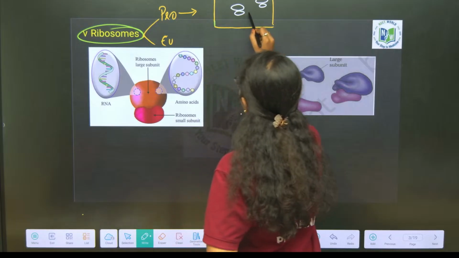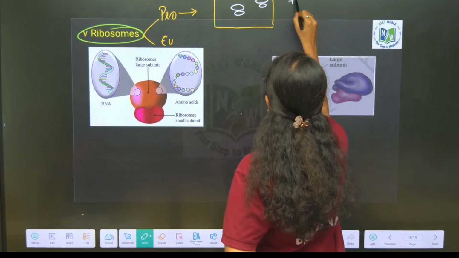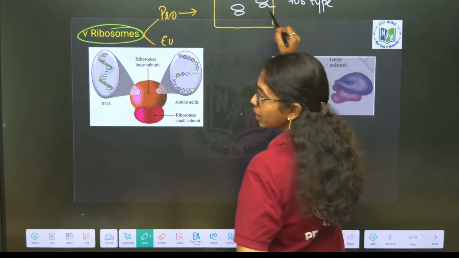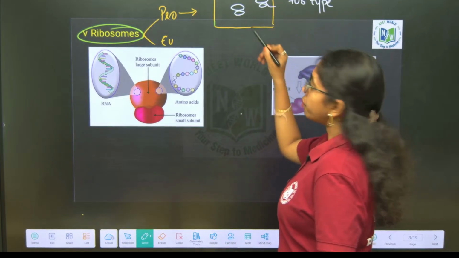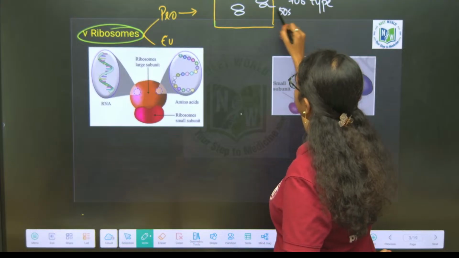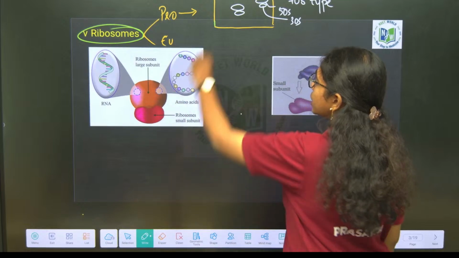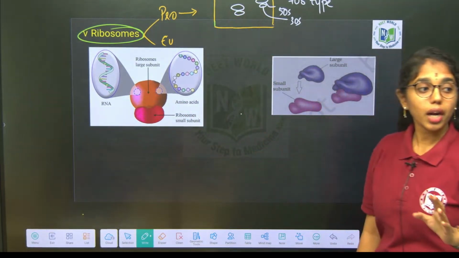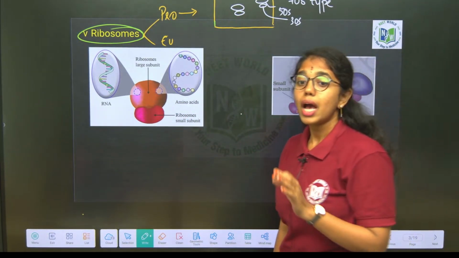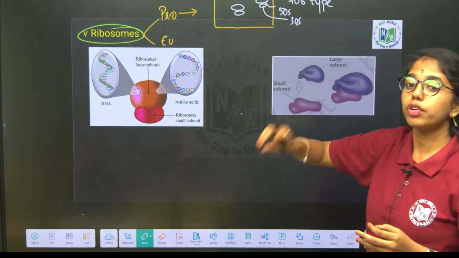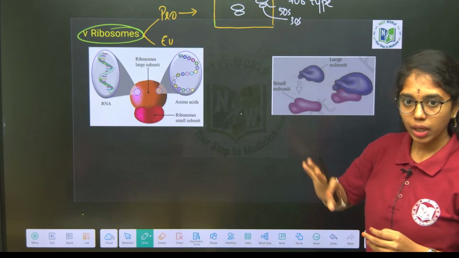Those ribosomes are of what type? 70S type of ribosomes, larger subunit is 50S, smaller subunit is 30S, fine. Those ribosomes which are present inside the cytoplasm are purely involved in protein synthesis, and those which are adjoined to the cell membrane are also helpful in protein translocation, clear, right?